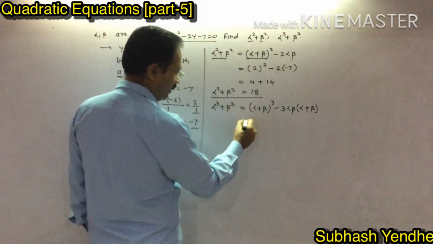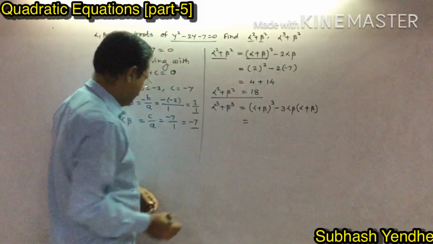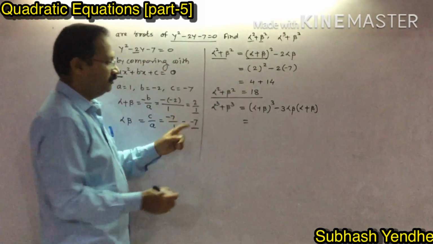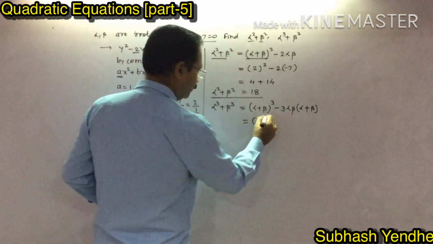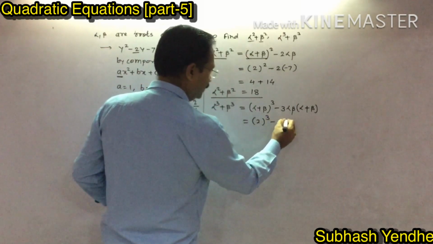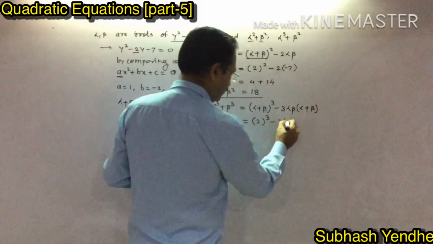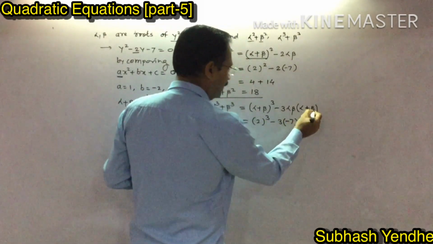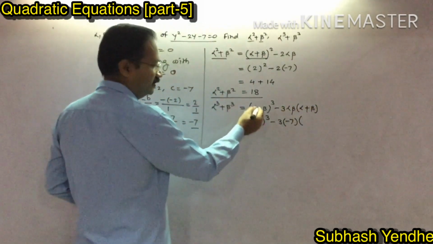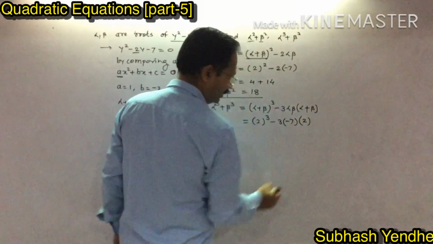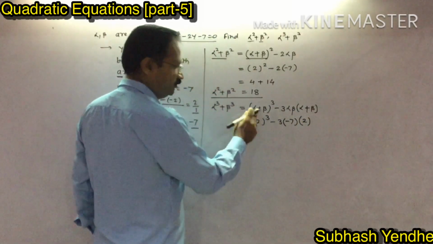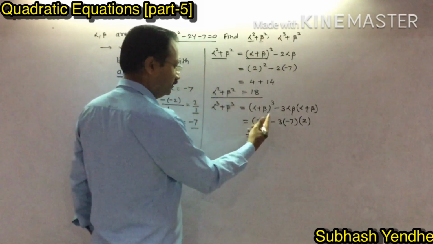So now substitute the values. Alpha plus beta's value is 2 upon 1, meaning 2. 2 cube minus 3 into alpha beta's value, which is minus 7, in the bracket, again alpha plus beta's value is 2. Here you have to write the 2. 2 cube means 2 into 2 into 2, 3 times.